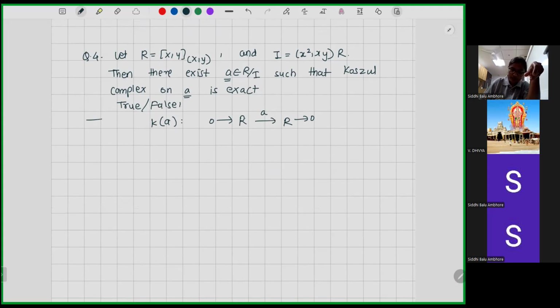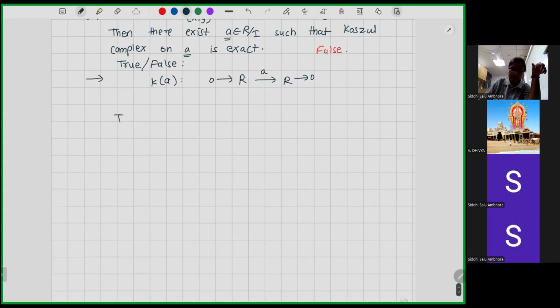We have to check when this Koszul complex becomes exact, and the answer is false here, because what we will show is that every non-zero non-unit of R mod I is a zero divisor.